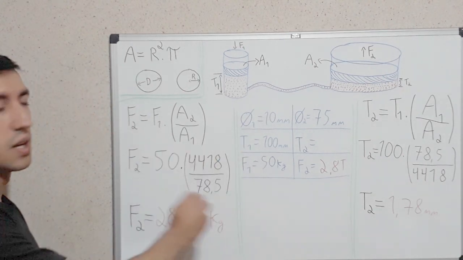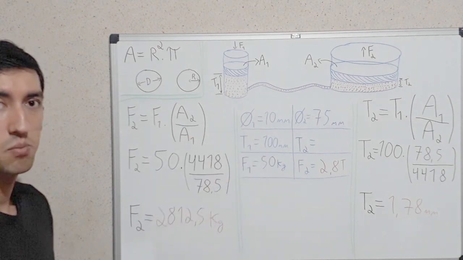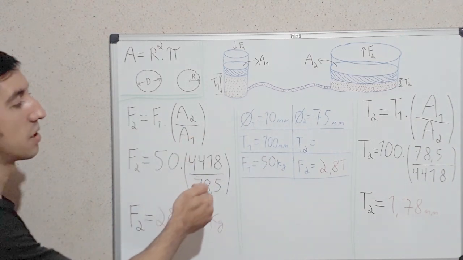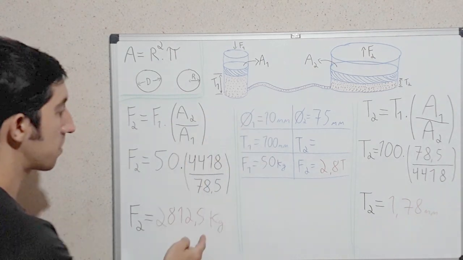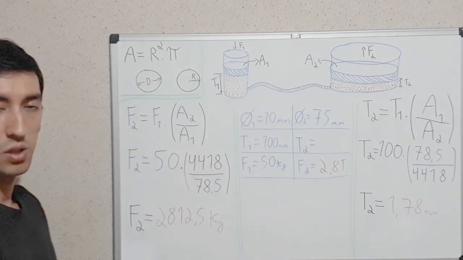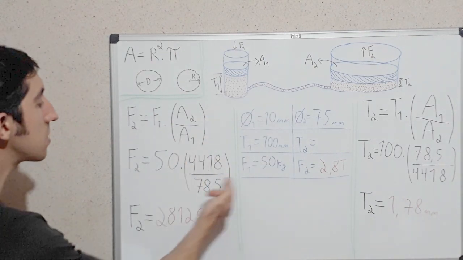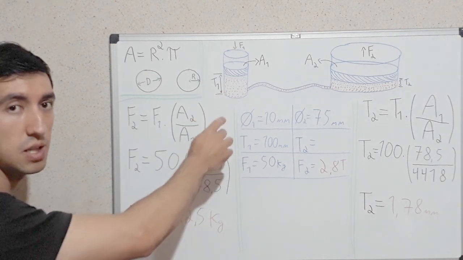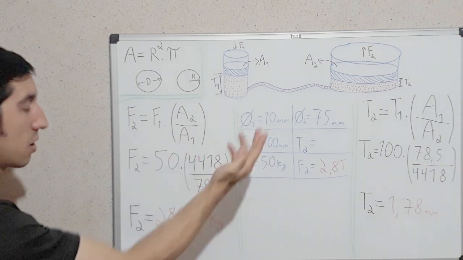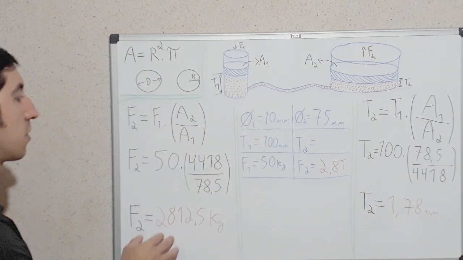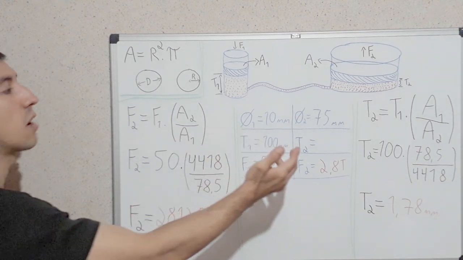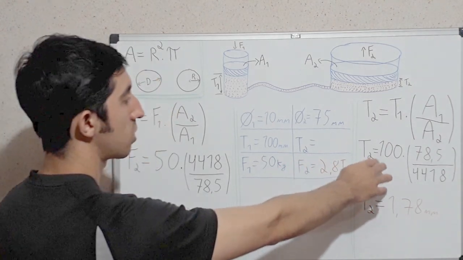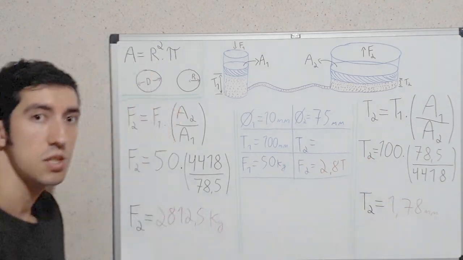We made these assumptions in millimeters and in kilograms. If you use the force in pounds, the result force will be in pounds. If you use the travel in inches, the result travel will be in inches.